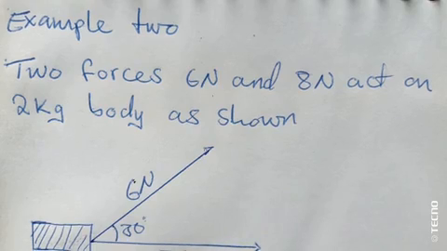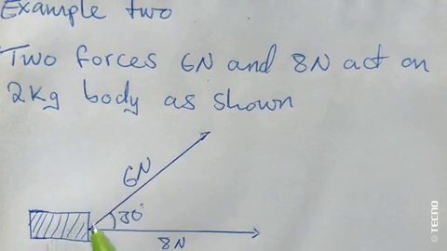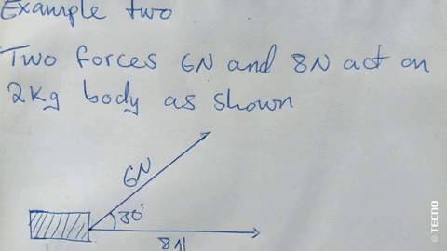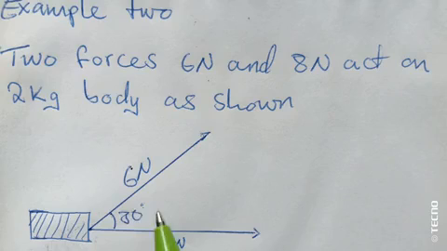We've got this force acting this side, and the other force which is acting in a horizontal way. So we've got this one, 8 Newton, and we also have 6 Newton. The angle there is 60 degrees.